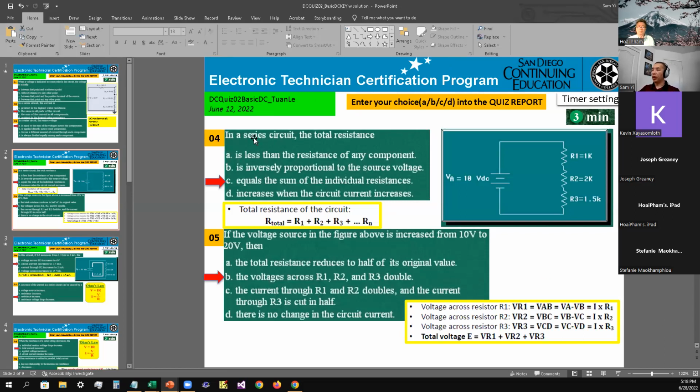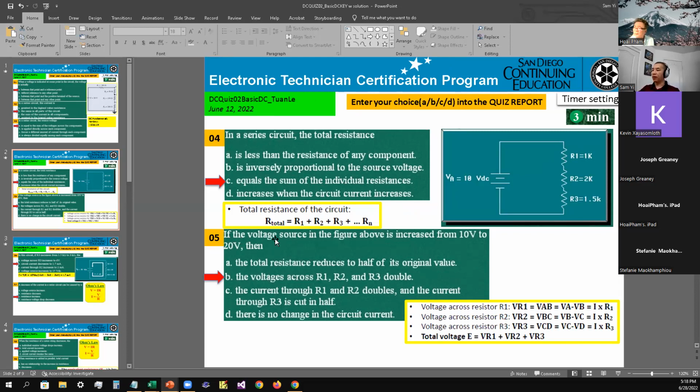Okay, number 4, in a series circuit, the total resistance. You just add them all together. R1 plus R2 plus R3 is equal to the sum of individual resistances. So answer C as in cat for number 4.